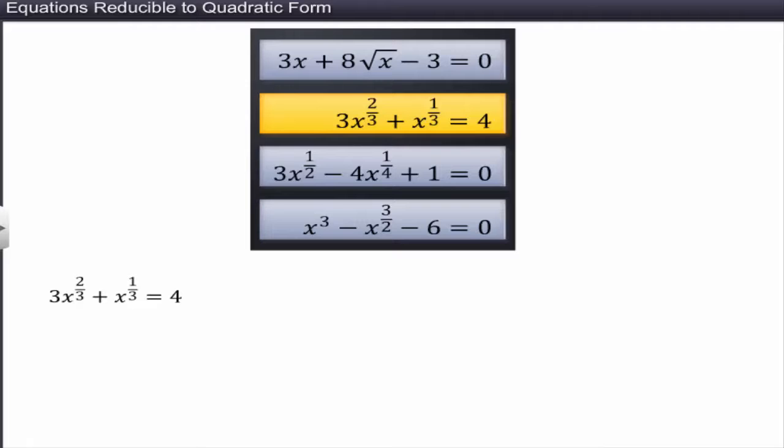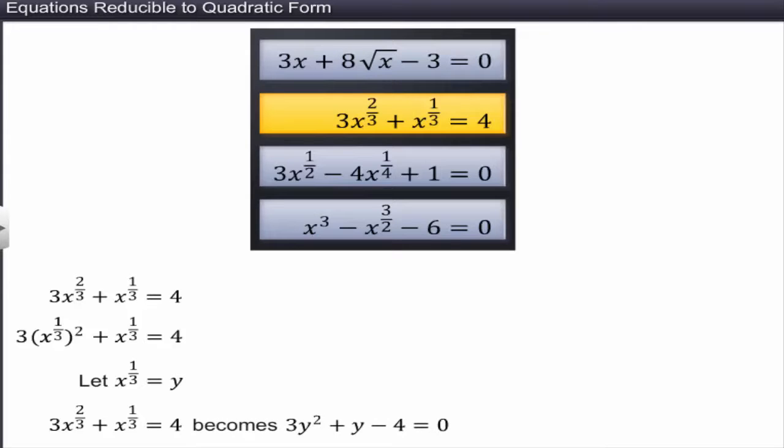Here, 3 into x raised to the power 2 upon 3 can be written as 3 into x raised to the power 1 by 3 whole square. Now, let us substitute x raised to the power 1 by 3 by y. Using this substitution, the given equation can be written as 3y squared plus y minus 4 is equal to 0, which is a quadratic equation in y.